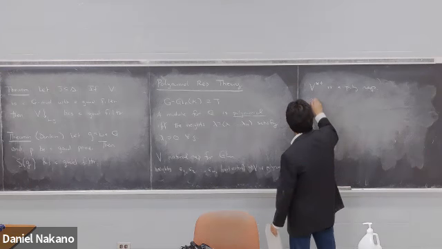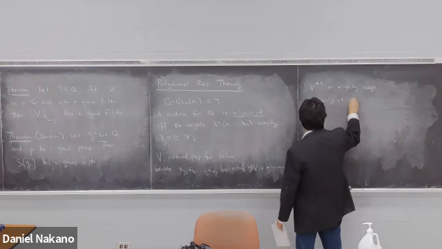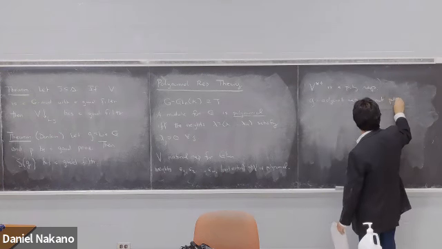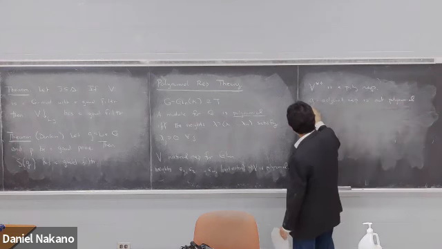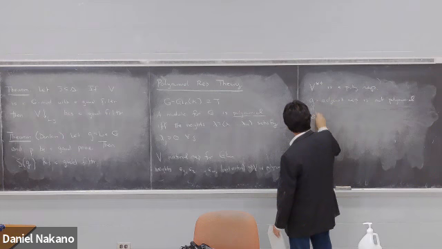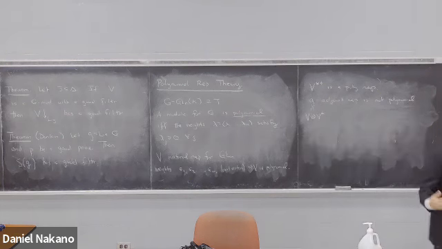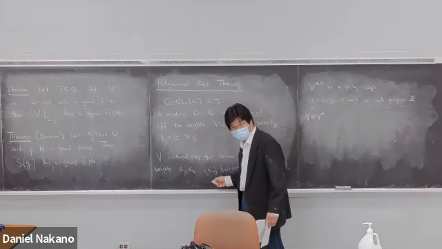The adjoint representation is V tensor V star, so it is not polynomial. For example, the dual representation is not a polynomial representation because the weights are the negatives of these things.